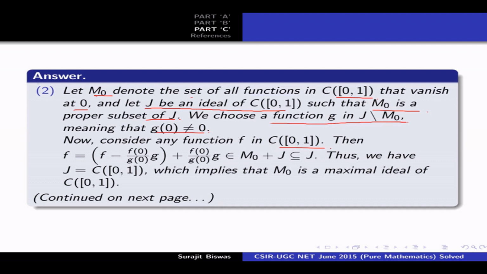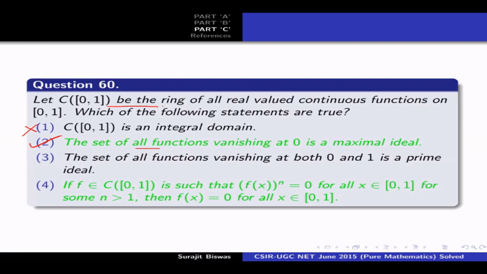Then f can be written as f = (f − (f(0)/g(0))·g) + (f(0)/g(0))·g, and the first one lies in M0, the second one lies in J. Because M0 is a proper subset of J, and J is an ideal, this is contained in J. Thus any function lies in J, therefore J equals C[0,1], which implies that M0 is a maximal ideal of C[0,1]. Okay, so the second option is correct.